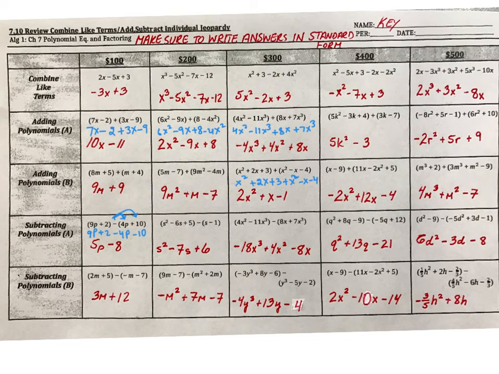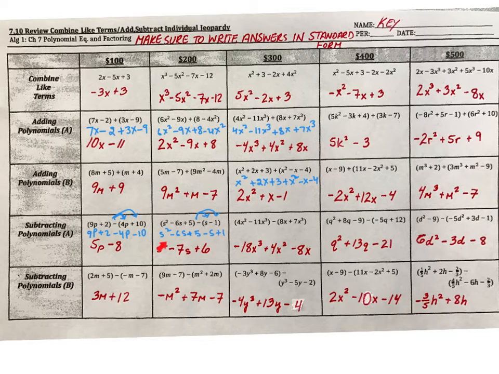Next is subtracting polynomials, again letter A, worth 200 points. Again, you're going to distribute the negative inside by using this arrow. And rewrite it: s squared minus 6s plus 5 minus s plus 1.